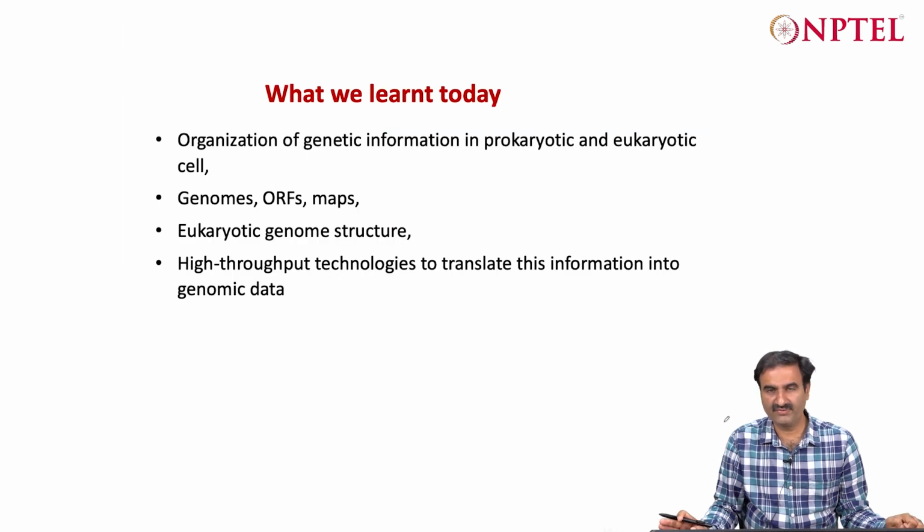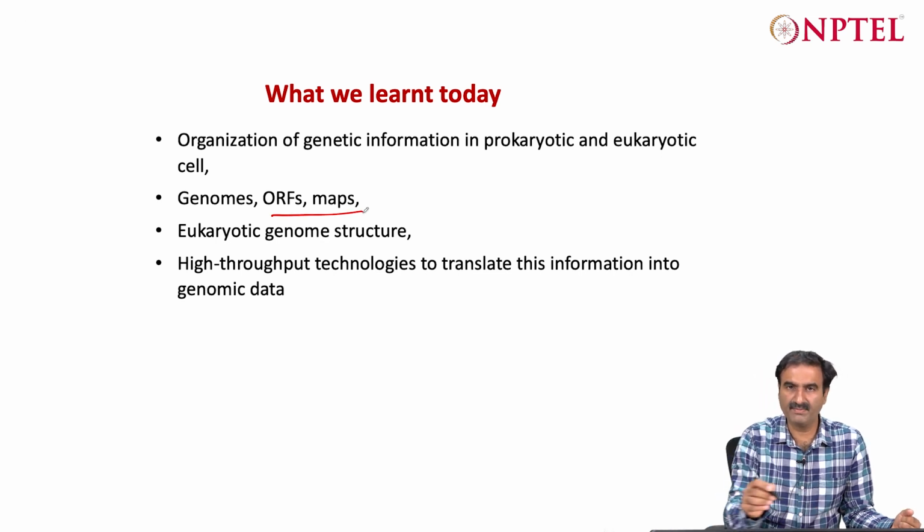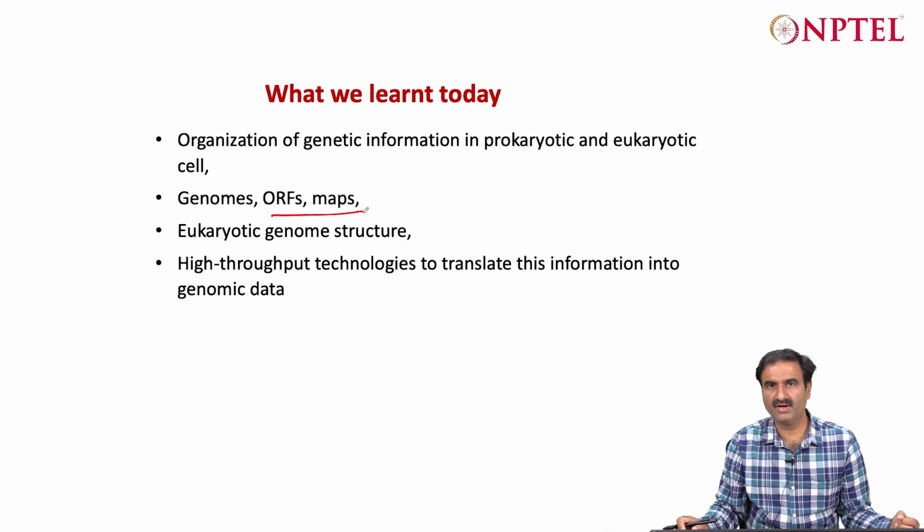So in this class, what we learned today is how the genetic information is organized in prokaryotes and eukaryotes, what are genes, genomes and chromosomes, how the genomic maps are prepared for human or for bacteria, the gene structure, and the technologies that are generating the mammoth amount of sequencing and omics data using various methodologies and platforms. We will now meet in the next class, where we will look at how this data is organized and how you can retrieve this data for the analysis.